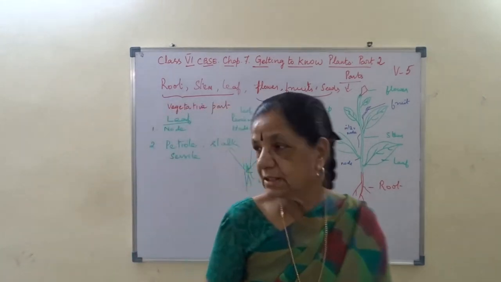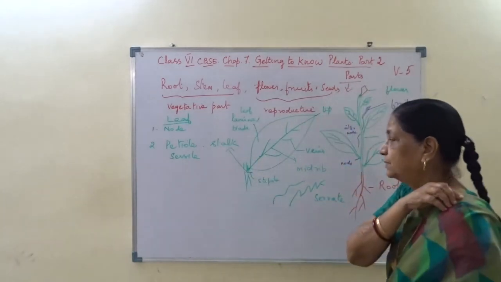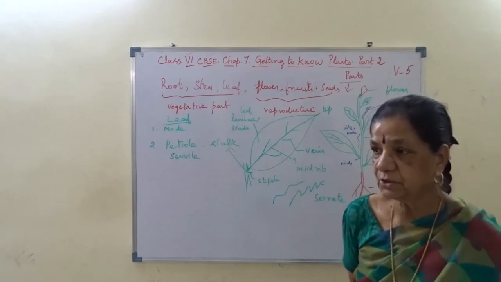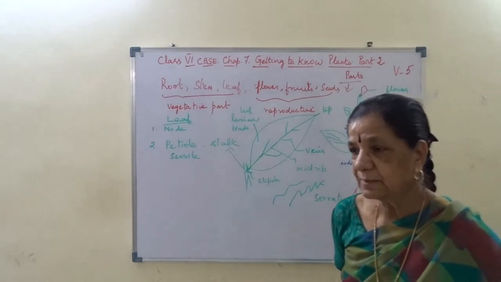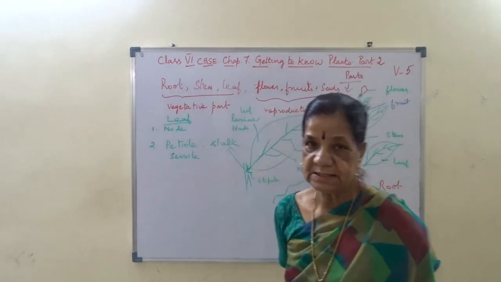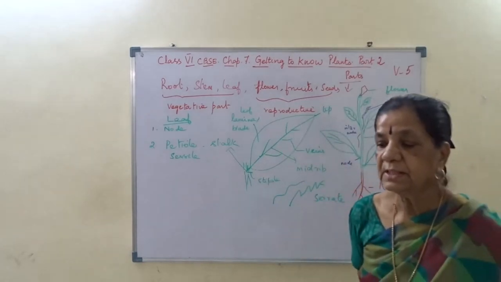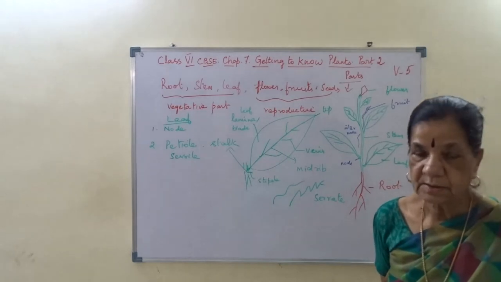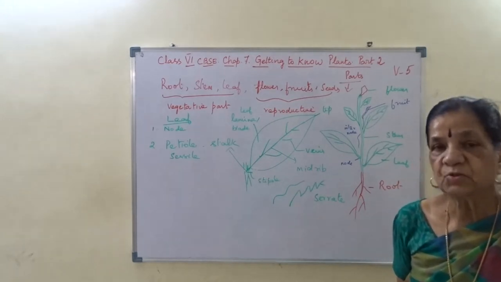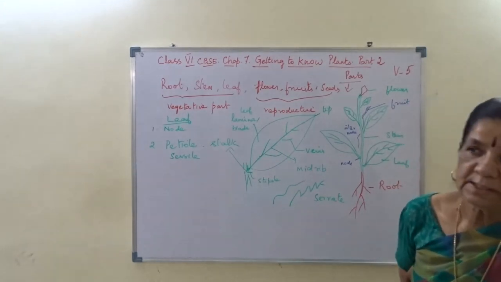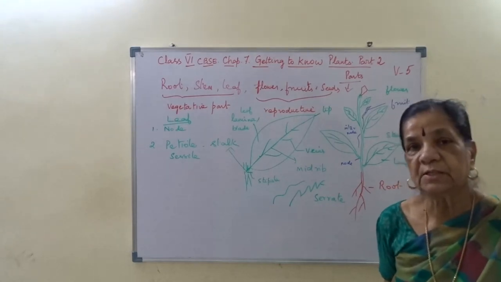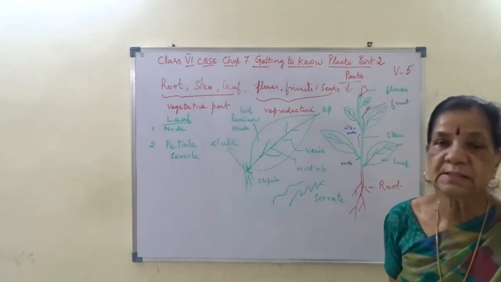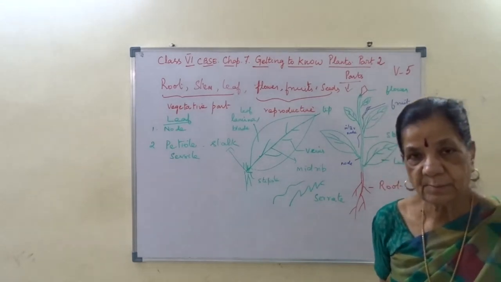What are all we say? Leaf arising from the nodal portion. The stalk of the leaf is called petiole. If the petiole is absent, it is said to be sessile. And from the axil of the leaf arise two small leaf-like outgrowths. They are called stipules. When the buds are born, the stipules protect the bud.